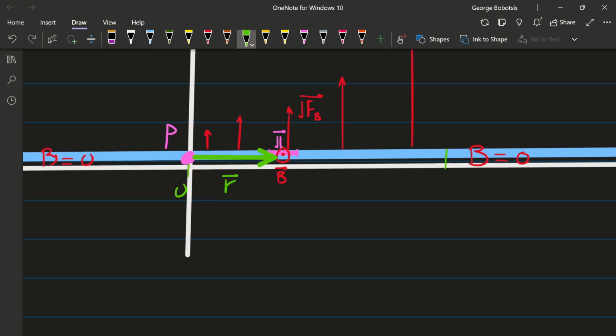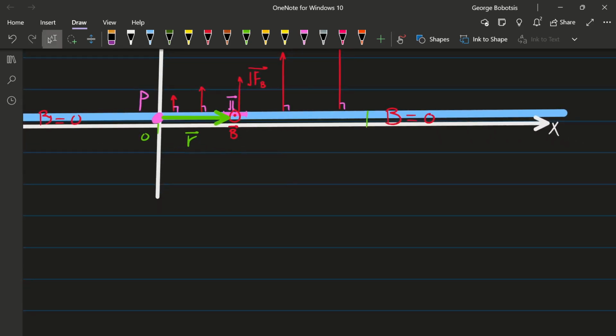Conveniently, this R vector will be the moment arm because it intercepts all of these force vectors perpendicularly, as you can see. Very convenient because all of these force vectors are perpendicular. What is a good variable to give the size of R? You might be wondering, because every vector has a size and a direction. The direction is definitely x hat.